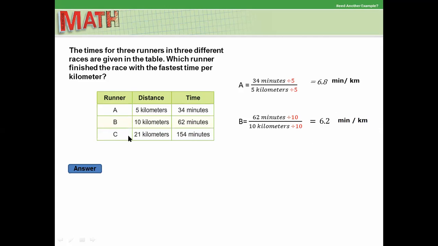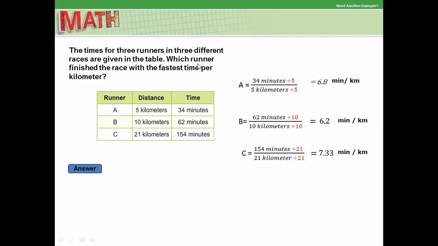Let's calculate the performance of C, or the rate of C. So I will divide 154 minutes over 21 kilometers, and then I will simplify by 21. The answer is 7.33, which is a repeating decimal, and the unit is minutes per kilometer, as I said before.